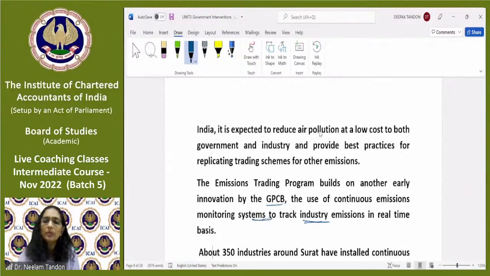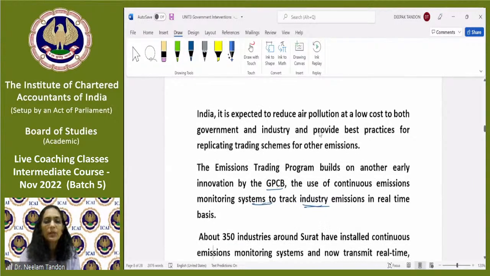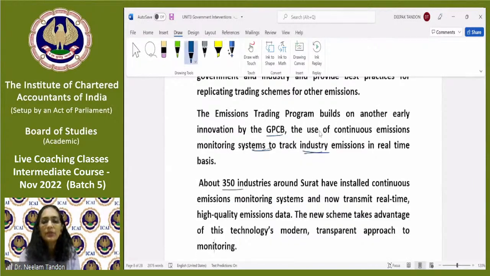What is the level of pollution? So there were 350 industries in Surat, in textile and dye mills, which were creating air pollution, and they were monitored through the monitoring system in real time. समझते हैं ना? Real time basis, 24/7, to take care about emission norms. Okay, they used technology and they could monitor that.